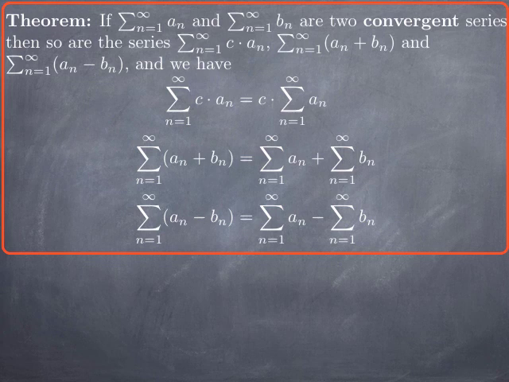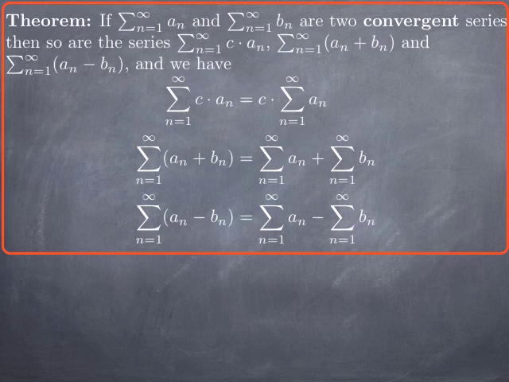And similarly, if I add the terms in both series, the terms of corresponding index, I can build a new series, a series of AN plus BN. And similarly, if I subtract the terms of corresponding index, I can get the series of AN minus BN.